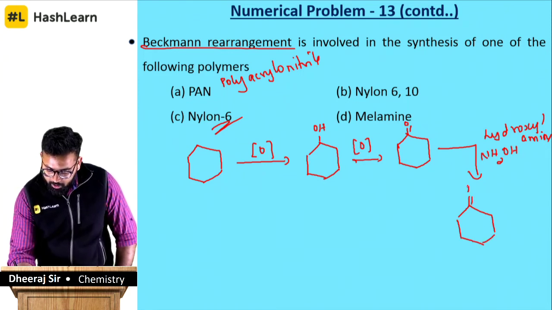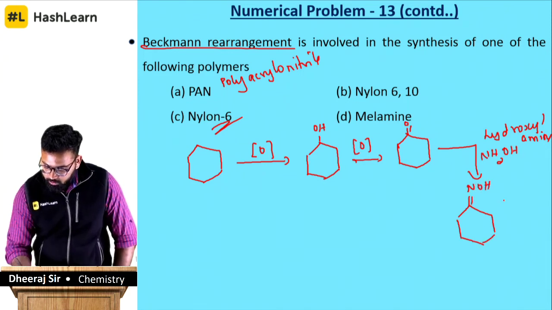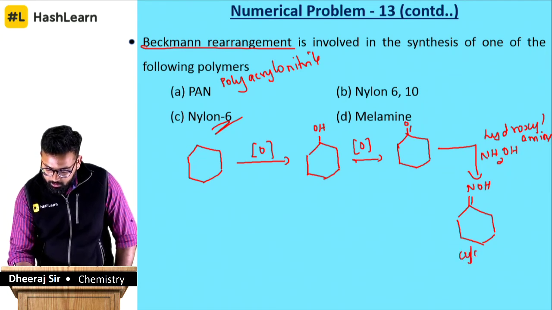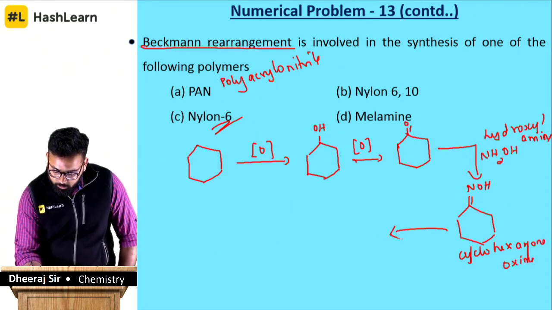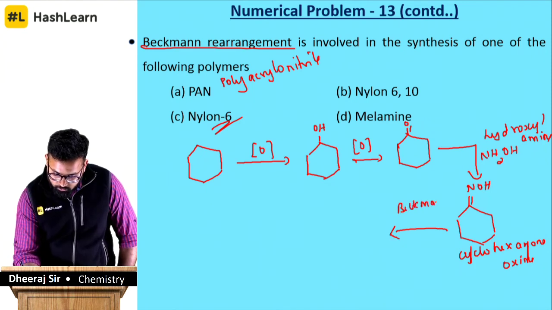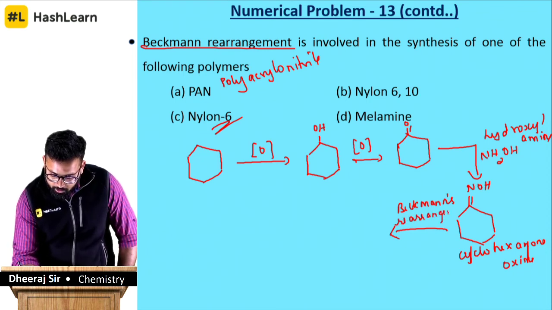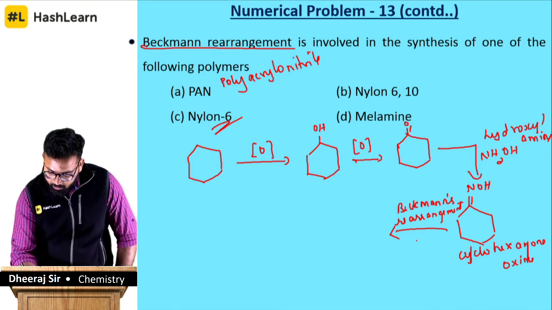C double bond NOH. This is cyclohexanone oxime. This will undergo Beckmann's rearrangement in the presence of sulfuric acid.